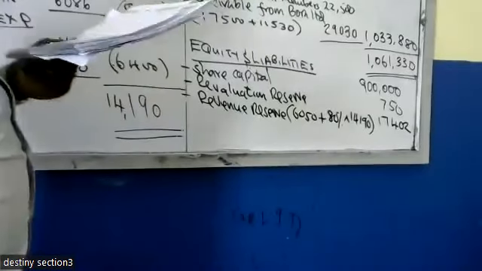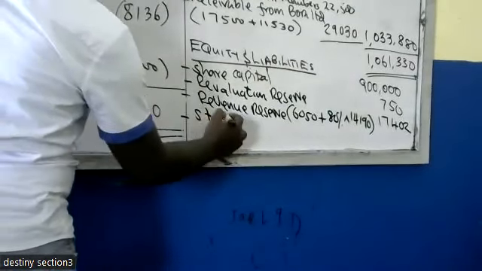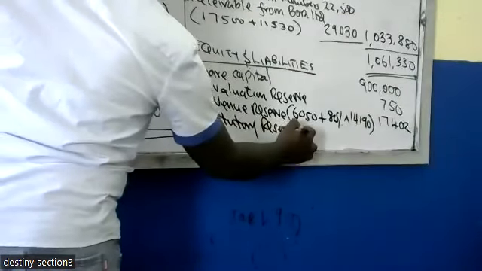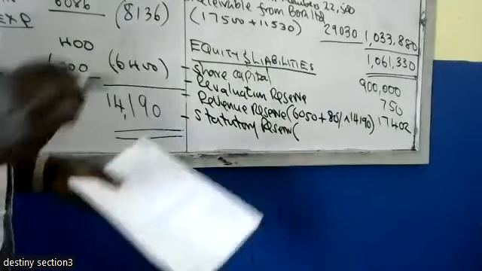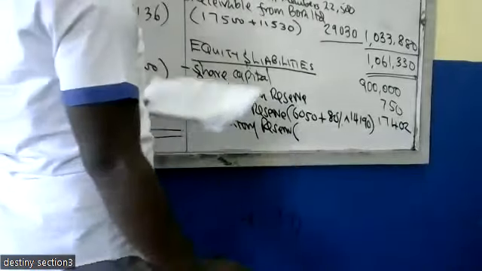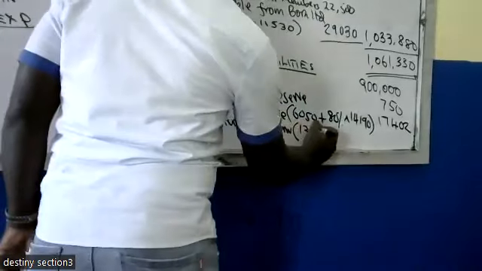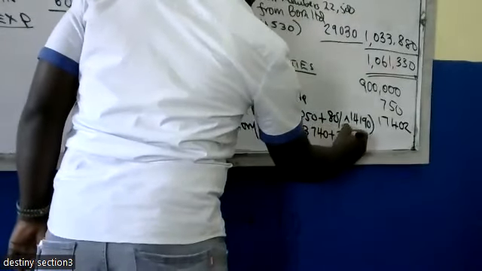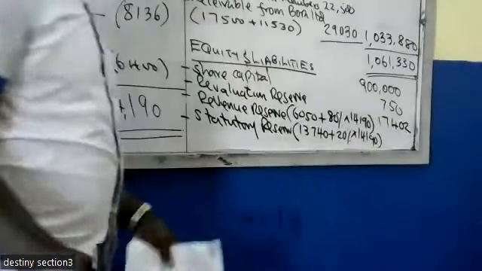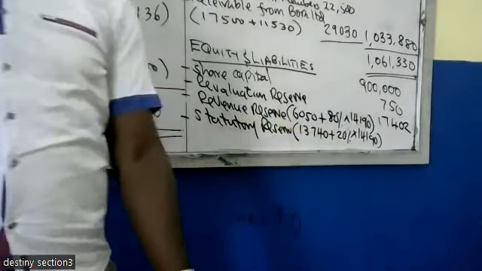Then we have statutory reserve fund. For statutory reserve, take that amount, 13,740, plus 20% of 14,190. So take 14,190 times 20%, then you add this up here.